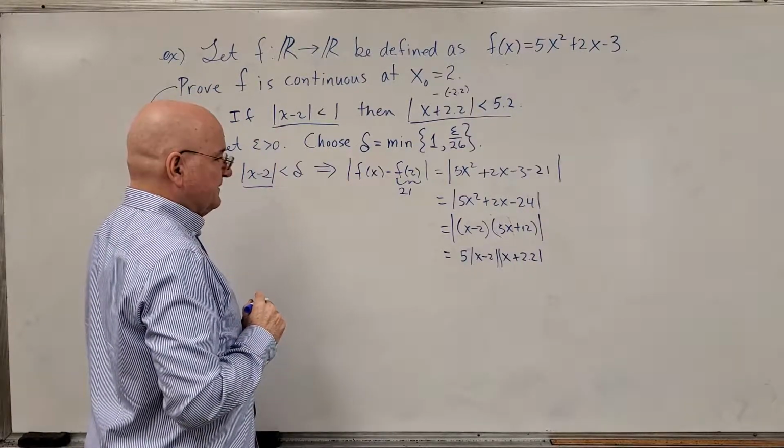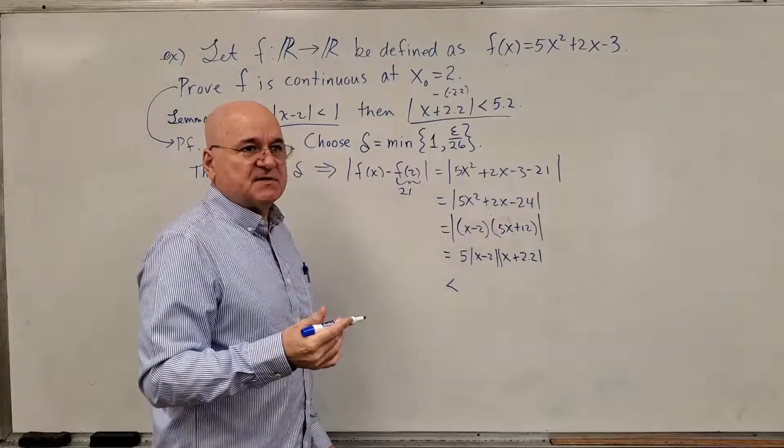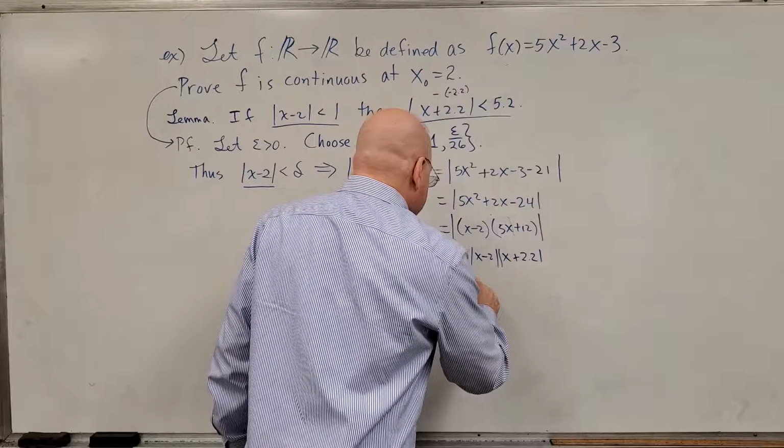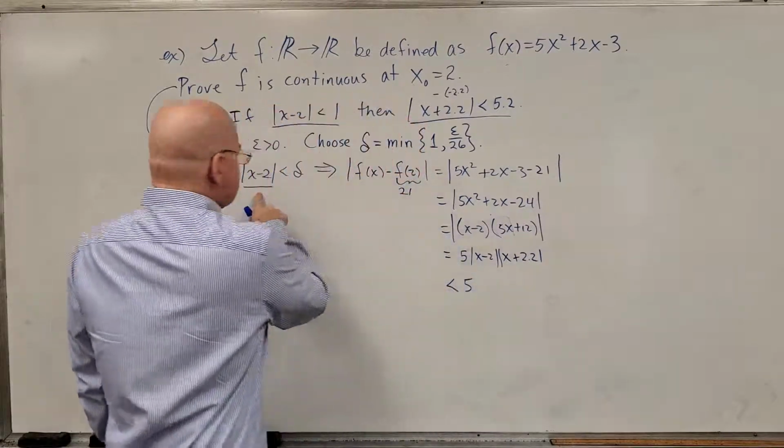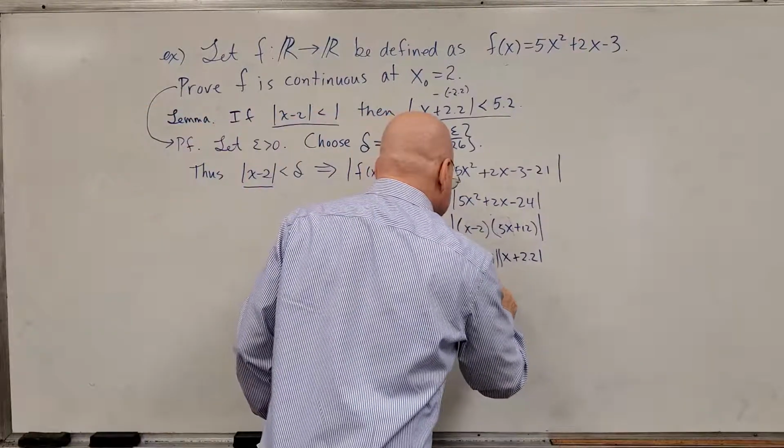Okay, well, what does that tell us? That is less than, I want it to be less than epsilon. So that's less than 5 times |x minus 2| less than delta.